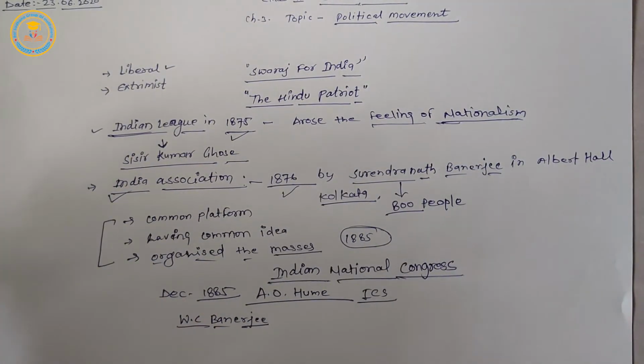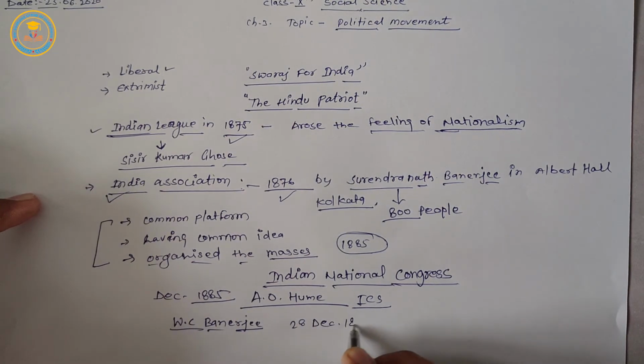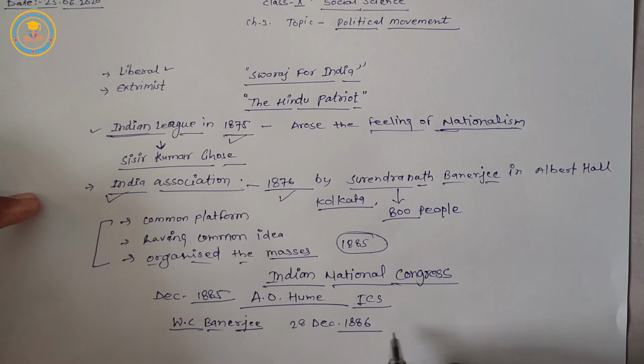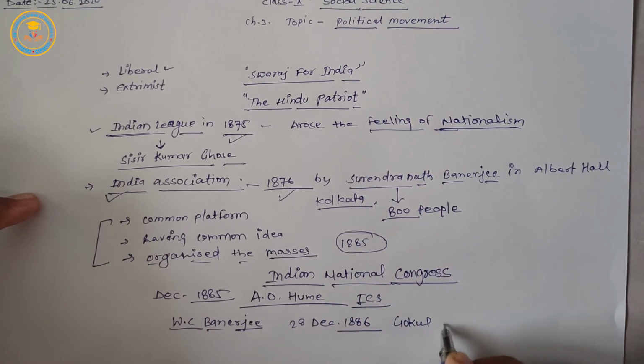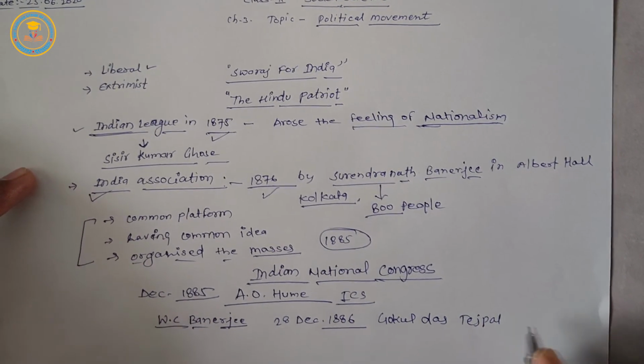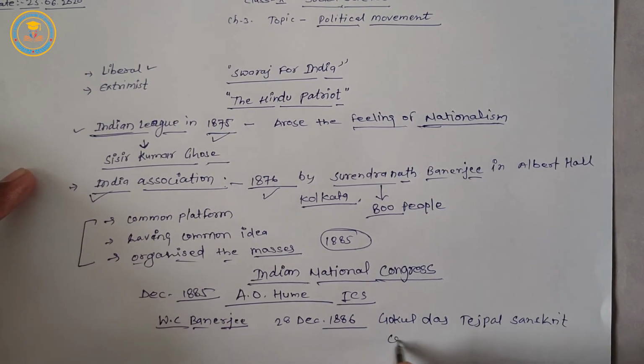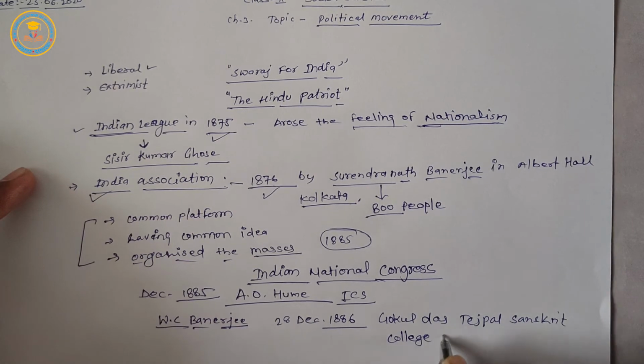In this session of the Indian National Congress, about 72 representatives participated, and this meeting was held on 28th December 1885 at Gokuldas Tejpal Sanskrit College in Bombay.